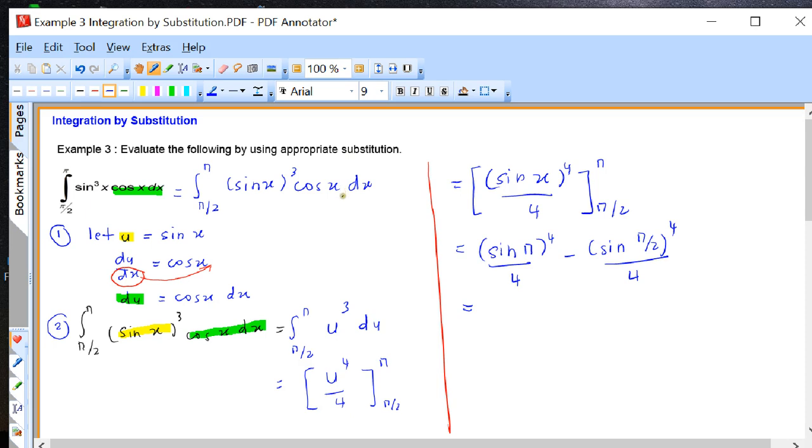Make sure that you're in the mode of radian, or you can say in the mode of degree. So sine pi is equivalent to 0. So 0 to the power of 4 is 0, 0 over 4 is 0. Minus, and the value of sine pi over 2 is equivalent to 1. So 1 to the power of 4, we have 1 over 4. So the answer for this integration would be negative 1 over 4.